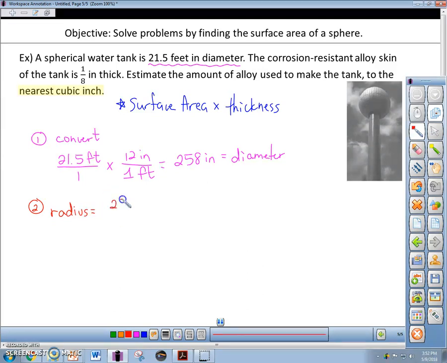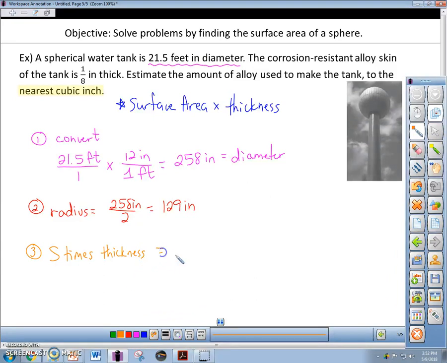So I take my 258 inches and I divide it by 2. And this will give me a radius of 129 inches. Now I can calculate my cubic inches. So I take my surface area times the thickness.